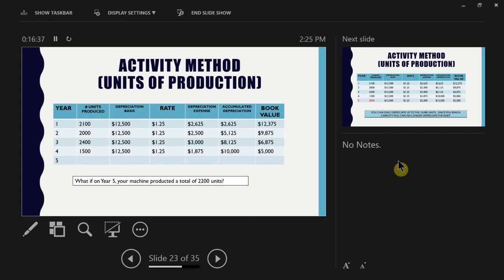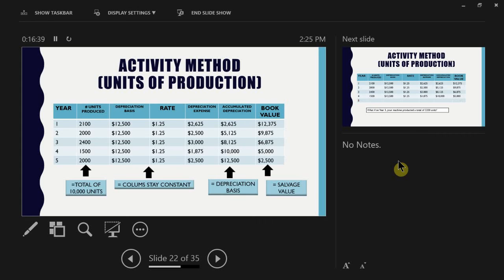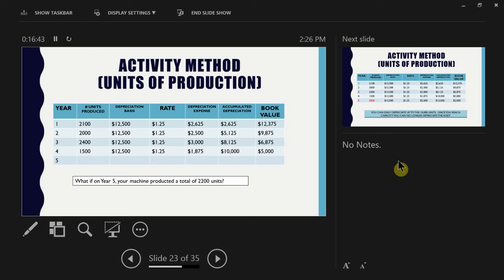So in the previous one, we increased it by 200. So what happens if I produce 2,200 units that year? Can someone calculate the rest? We already know the depreciation basis and the rate are going to be the same.